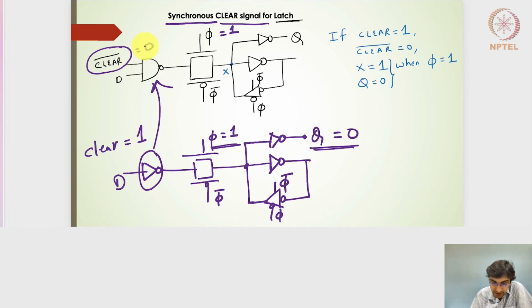So the output of this NAND gate, irrespective of D, whether it is 1 or 0, will give me 1. So this will throw a 1 here because the transmission gate is going to pass as phi is equal to 1, and then the Q will be 0. That's why we can say that this circuit is a synchronous clear signal for the CMOS latch.